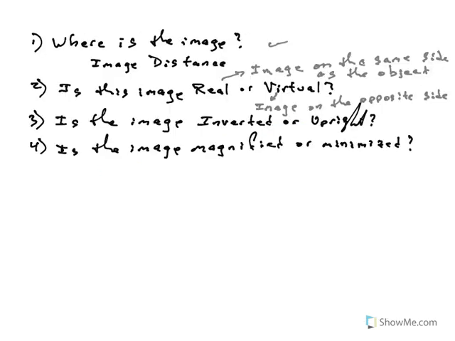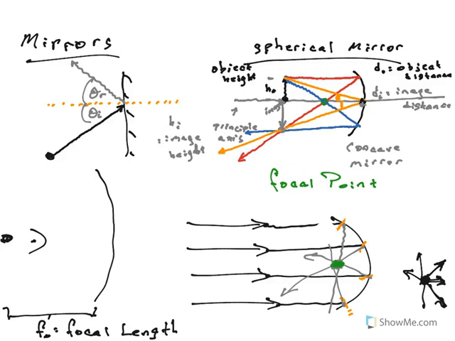Let's look back at the original mirror, the concave mirror. The first ray was this red ray. It starts parallel from the object, it hits the mirror, and then when it reflects it goes through the focal point. Another ray is this yellow one.